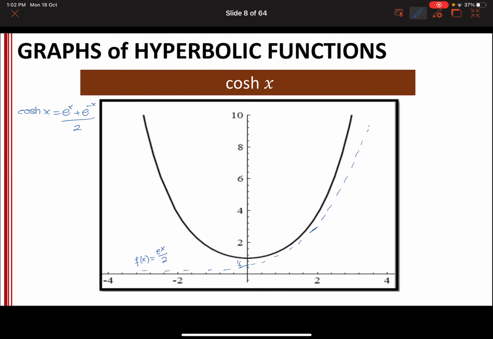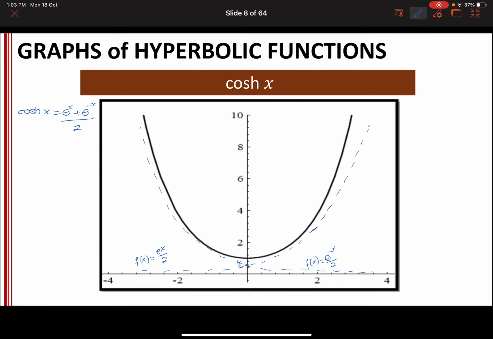Meanwhile, if I have e^(-x)/2, the graph will still cross at f(x) equal to 1/2. So this one is f(x) equal to e^(-x)/2.